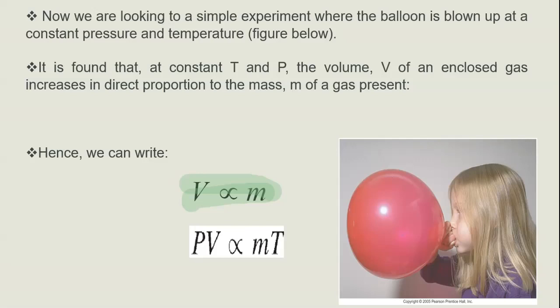And because from the previous equation we got PV is directly proportional to T, we can just multiply M with the T. For simplification's sake, M you can just multiply inside the equation because it's multiplied by a constant. So you get PV is directly proportional to M multiplied by T.